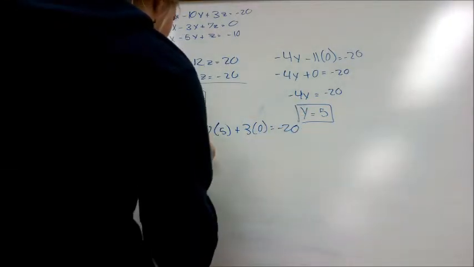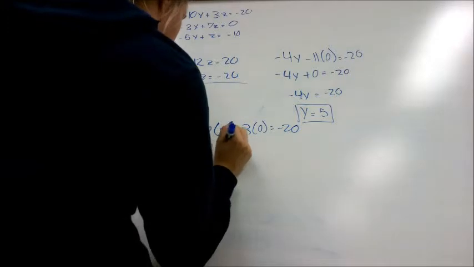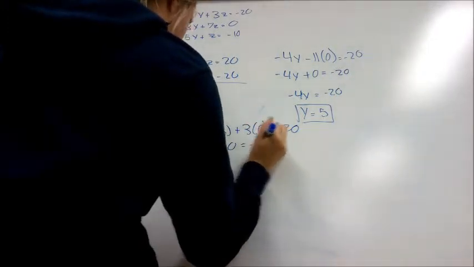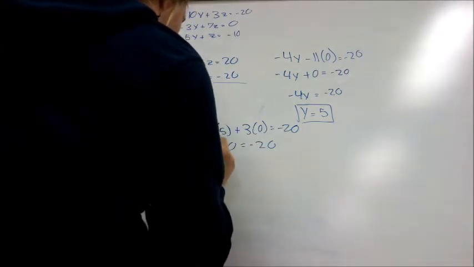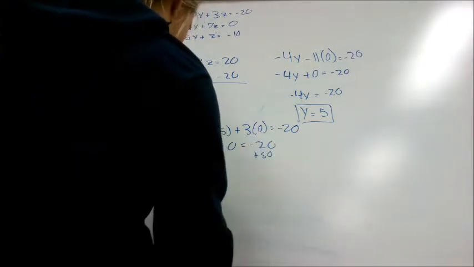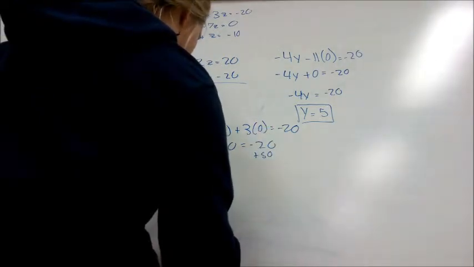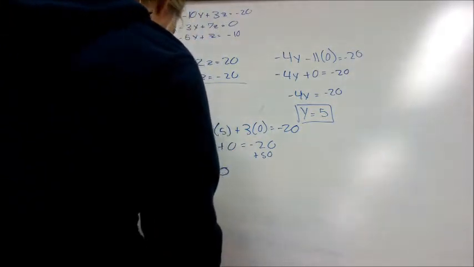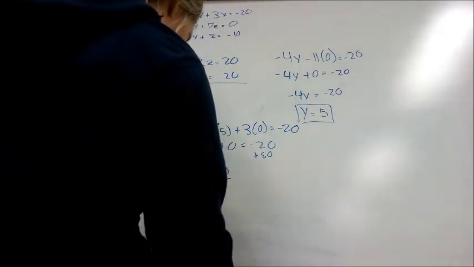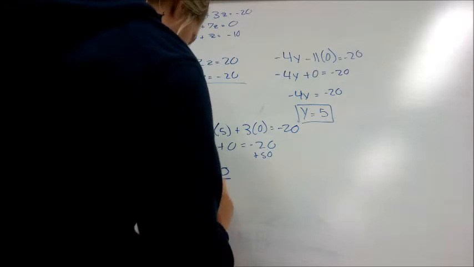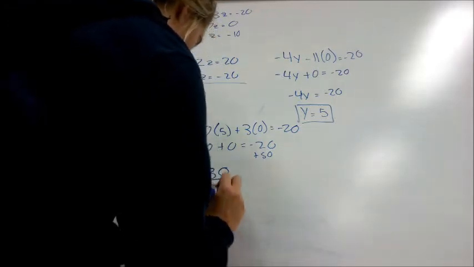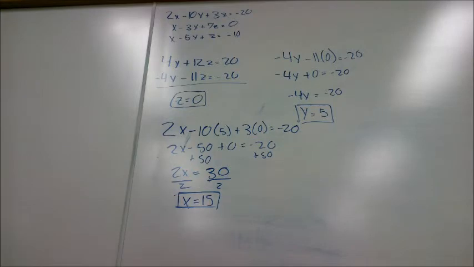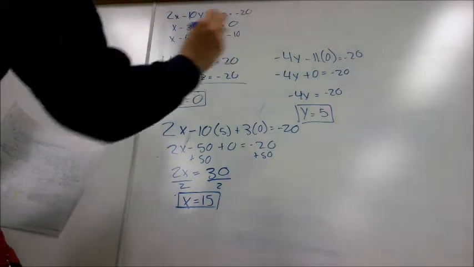You have 2x minus 50 plus 0 equals negative 20. Add your 50 to both sides. We have 2x equals 30. Divide by 2. x equals 15. Now you have all three values.